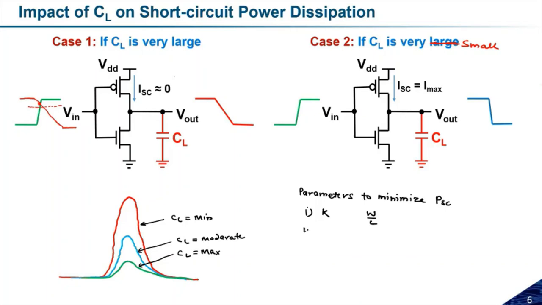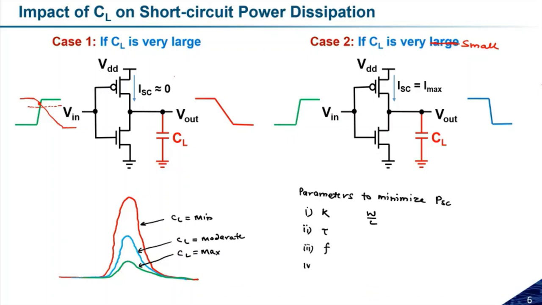The second parameter could be the rise time and the fall time, tau. Rise time and fall time can also play a major role on this one. If I reduce the rise time and the fall time, the short circuit power dissipation can be changed. The third parameter could be the operating frequency or the input frequency, whatever we have used.